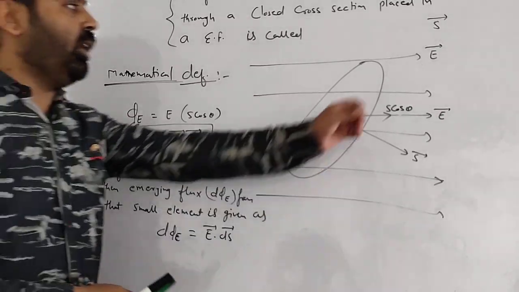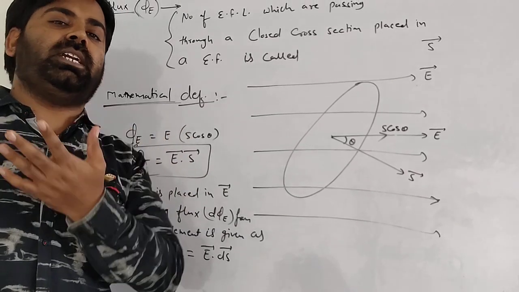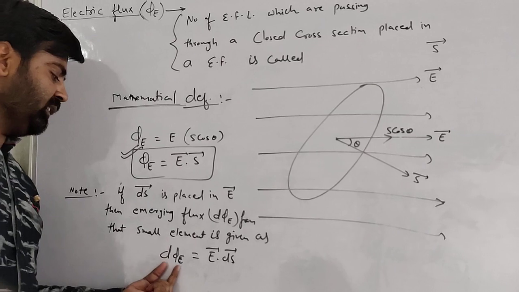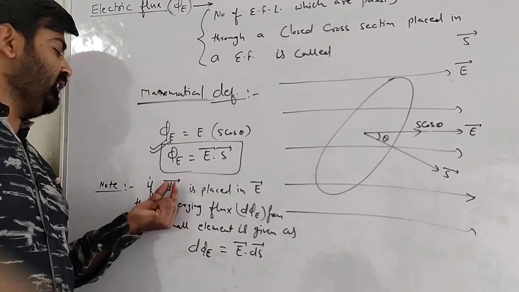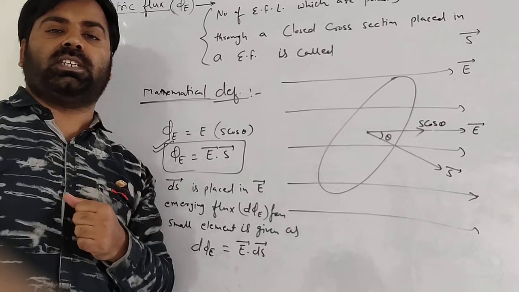We divide the whole cross sectional area into very small elements ds vector. The small electric flux emerging from a small area is d phi is equal to E vector dot ds vector.